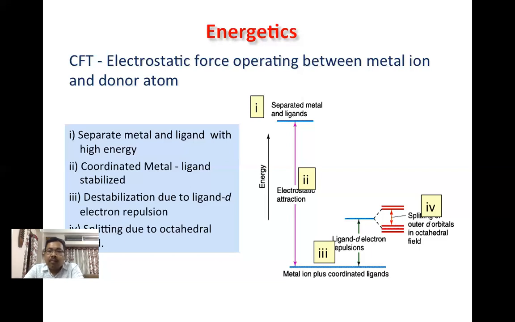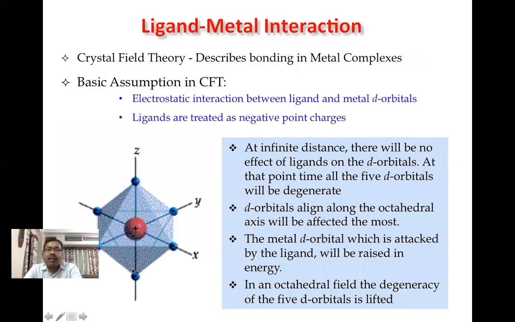One set will contain two orbitals and the other set will contain three orbitals. And this separation between these two sets of orbitals is the basis of crystal field splitting. So crystal field theory describes the bonding in metal complexes. There are certain assumptions for this theory.